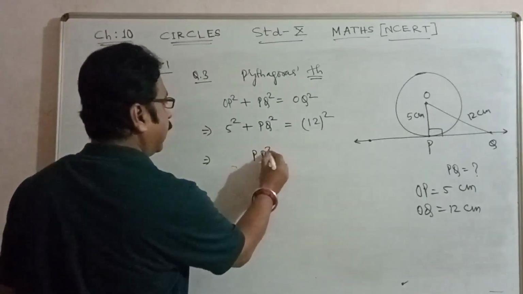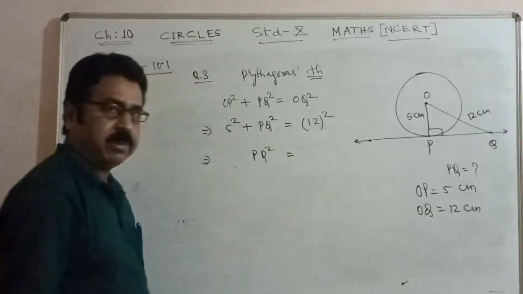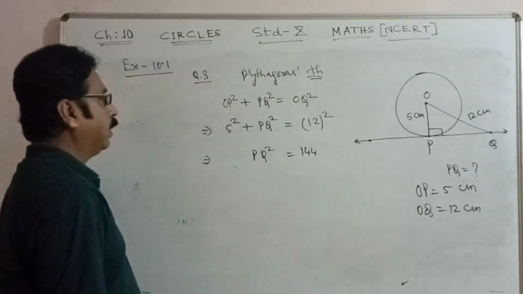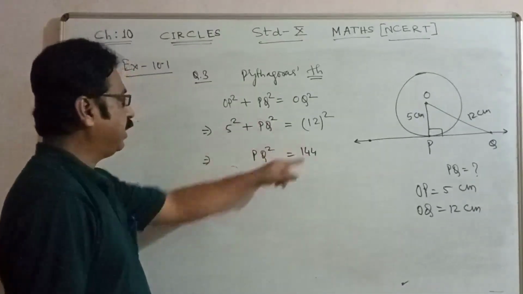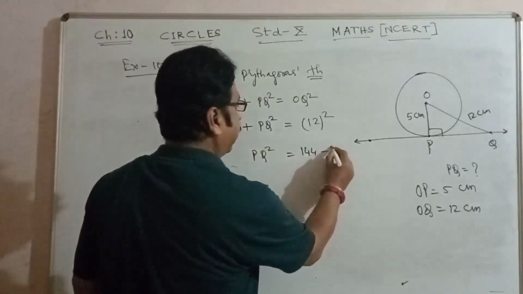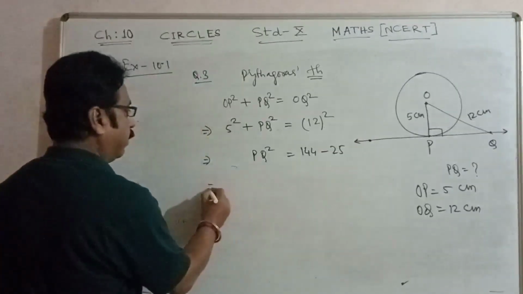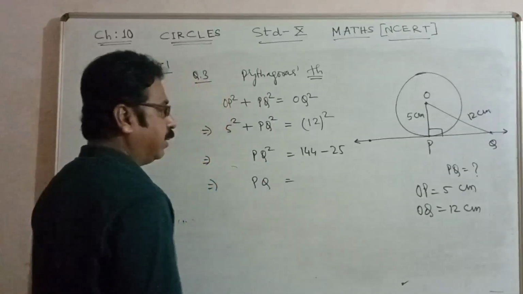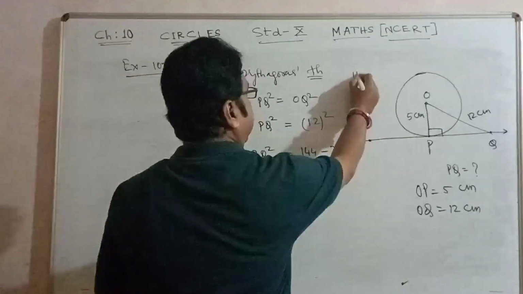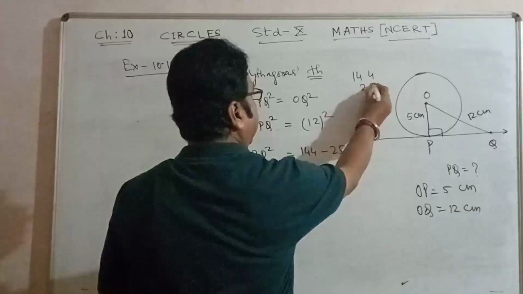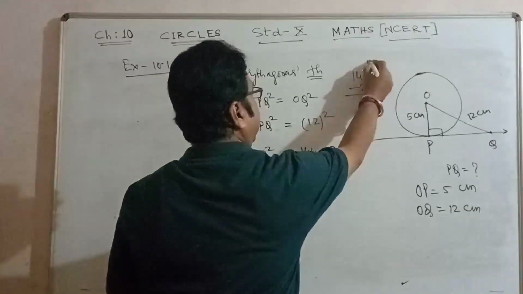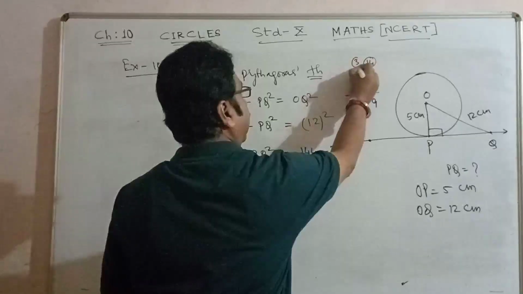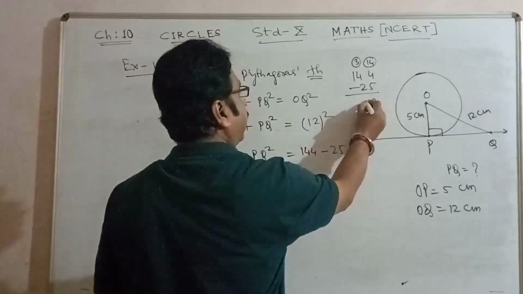PQ square will be 12 square, means 144. 5 square is coming this side, it will be minus 25. 144 minus 25. 14 minus 5, 9. 4 will become 3. 3 minus 2, 1.